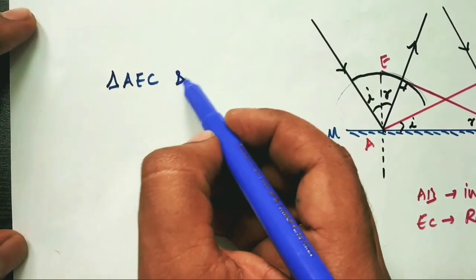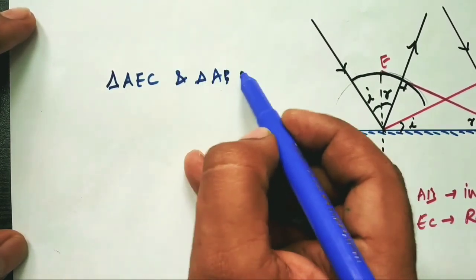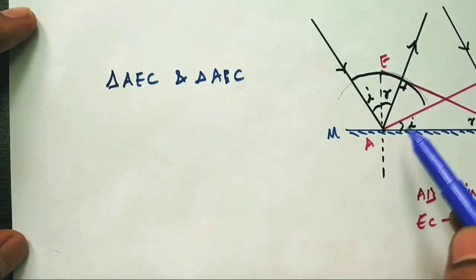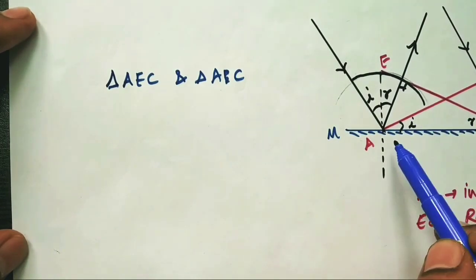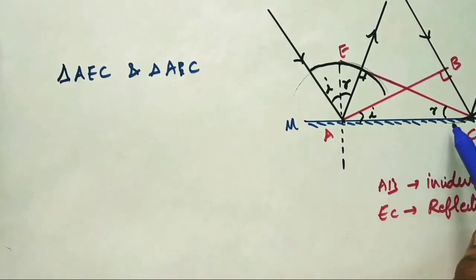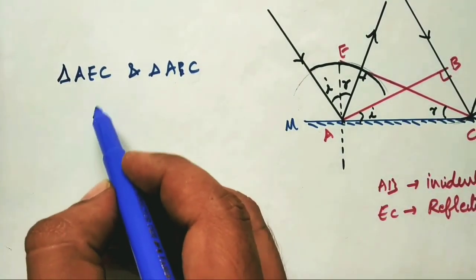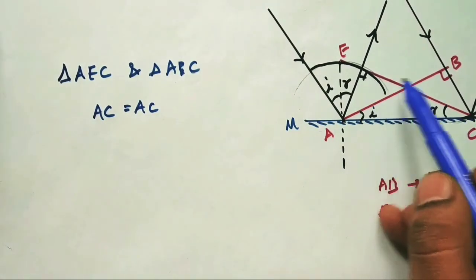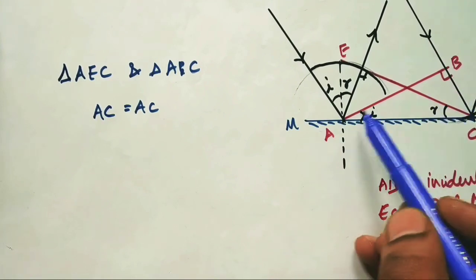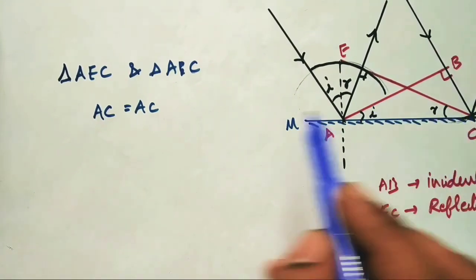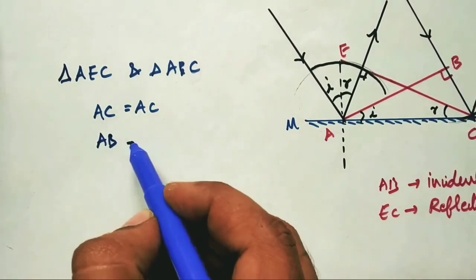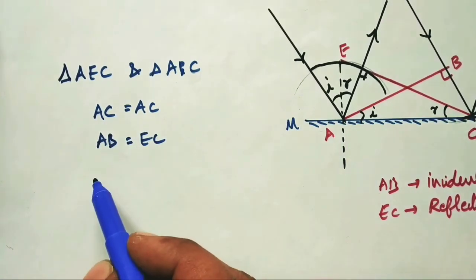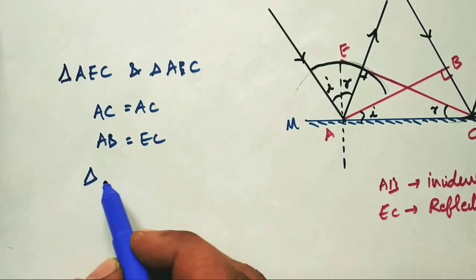From these two triangles we are going to prove that the angle of incidence is equal to the angle of reflection. These two triangles are congruent because there is a common side. AC is the common side for both triangles, so AC is equal to AC. In the same way, both have 90 degrees and the hypotenuses are the same, AB and EC are the same.